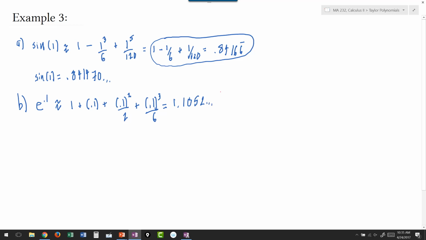Now, if I just evaluate e to the 0.1 on a calculator, then what I get is e to the 0.1 equals 1.10517, and so on. So here, with a fairly minor amount of work, we've calculated something that would generally be fairly difficult to do.